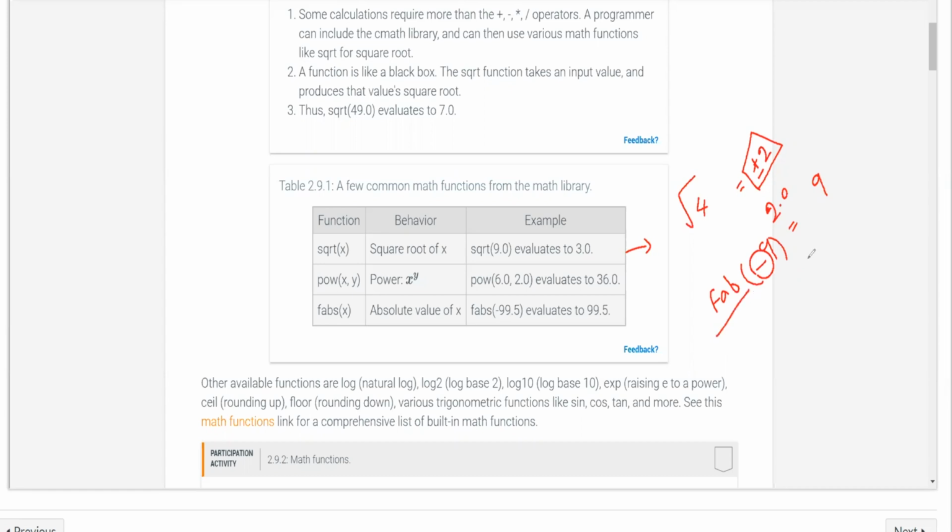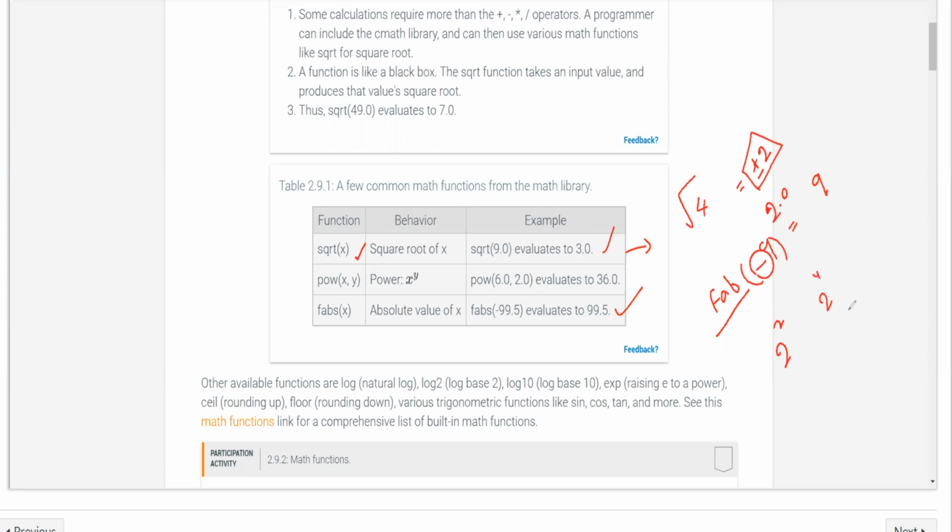Keep that in mind. If you have negative values and want to convert them to positive only, you can use this one right here.